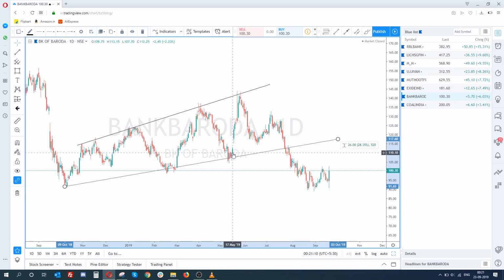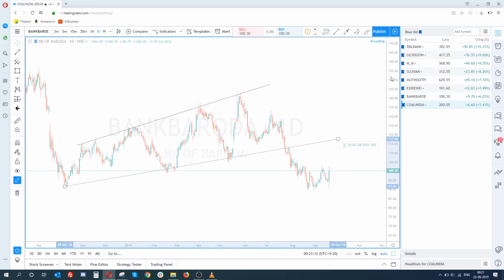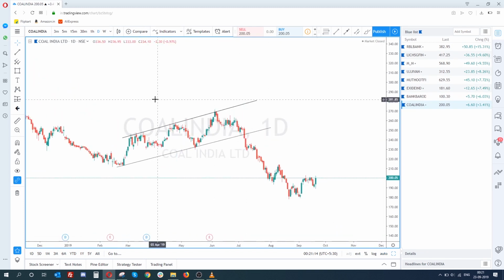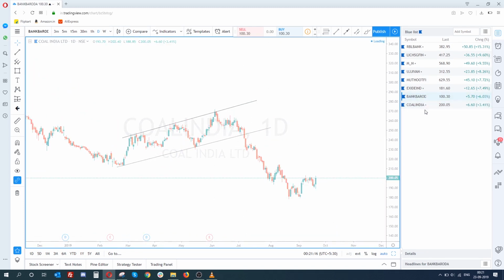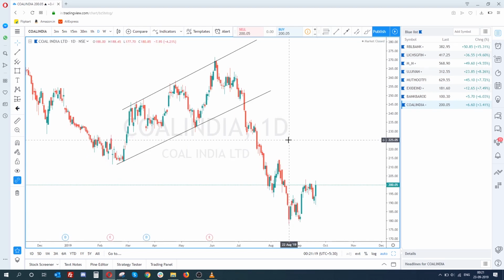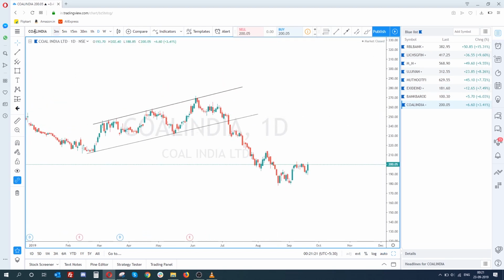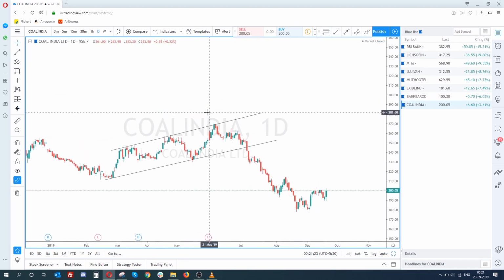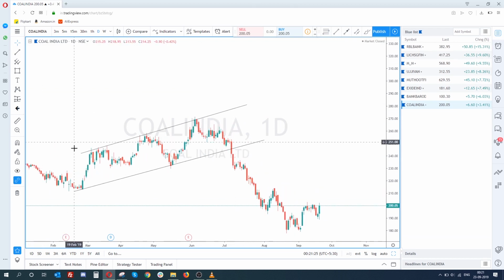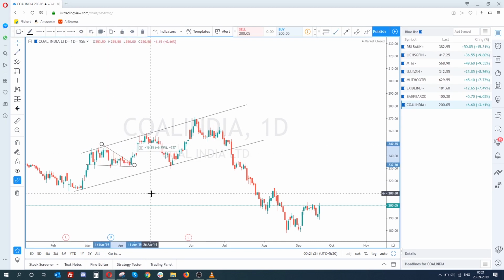Correct. All right, let me go to the next stock, which is Coal India. Again, just like Bank of Baroda, this is Coal India. These are the stocks I made money on, guys. That is why I'm telling you, if I was able to make money from these patterns, certainly you will be able to make money too.